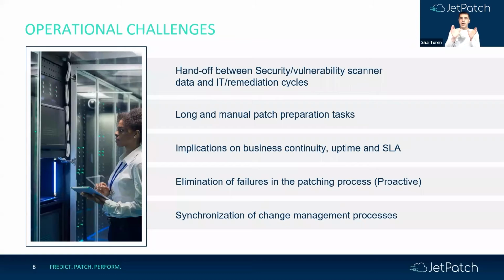The handoff between one team and the other is an area where a lot of time is being wasted or spent. Also, some of the data is being dropped in this handoff between one team and the other, between one tool and the other. Let's take an example here, guys. Let's assume that the patching committee or the vulnerability committee decided to deploy a patch on production.